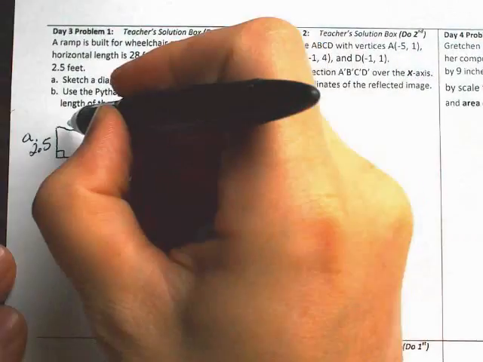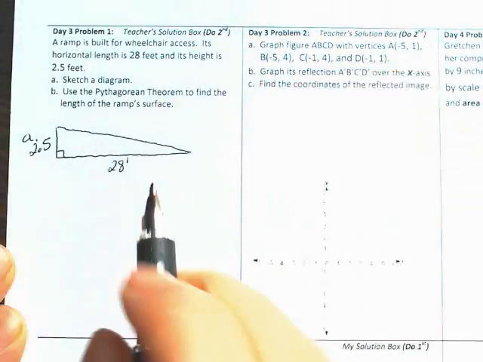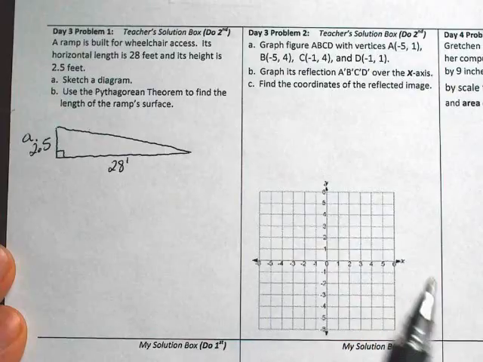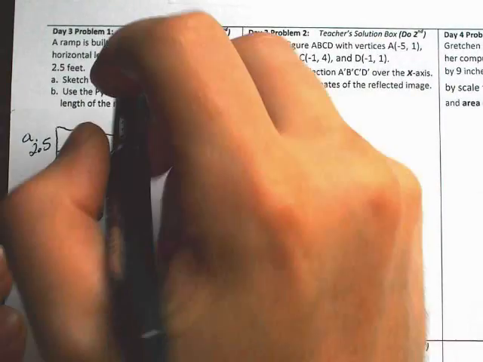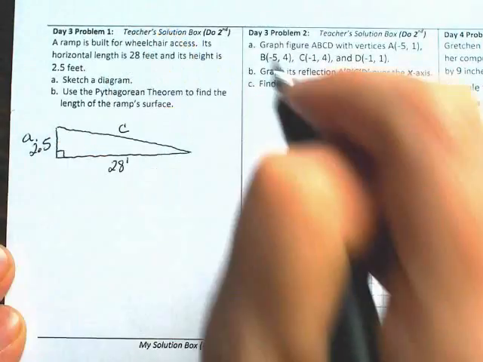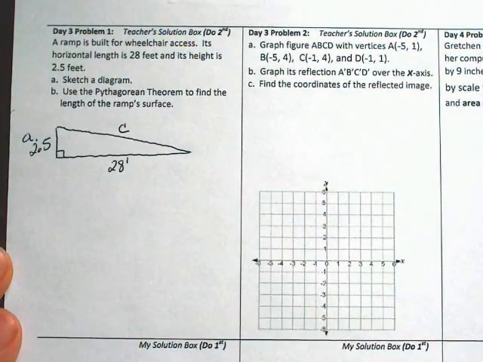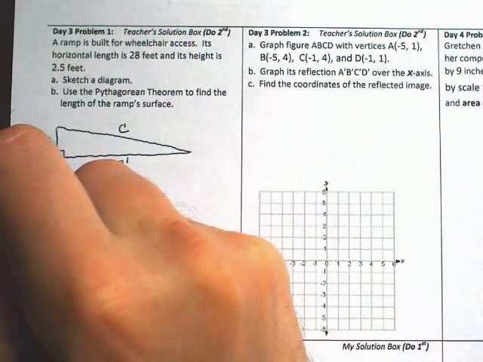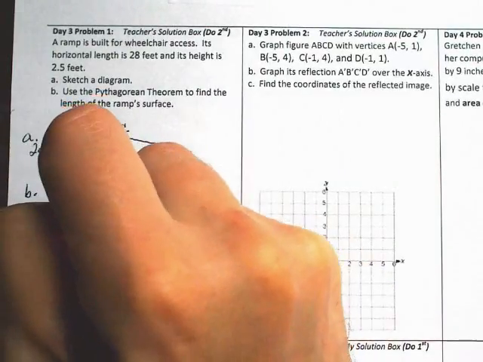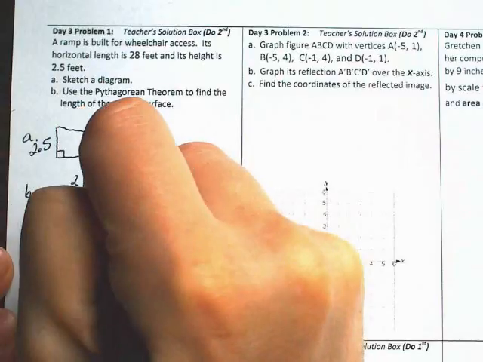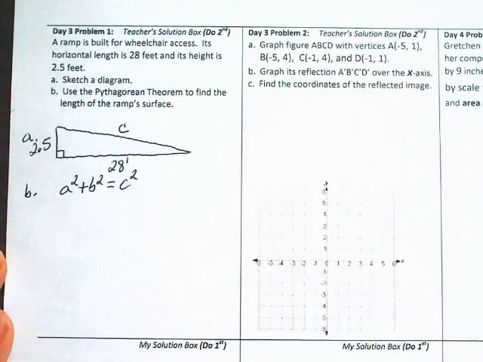And then the actual surface of the ramp itself is what we do not know how long it is. I notice in Part B we're asked to find that, and it's going to be the variable c in the Pythagorean theorem.